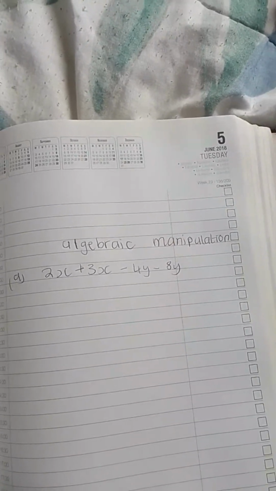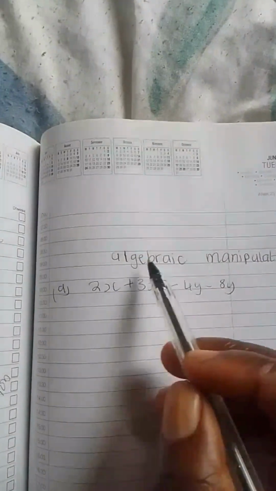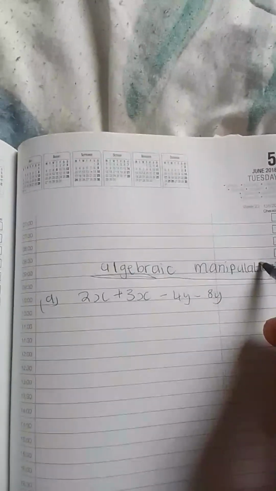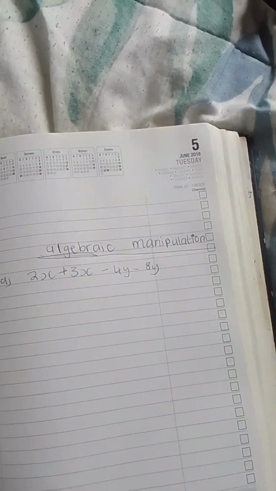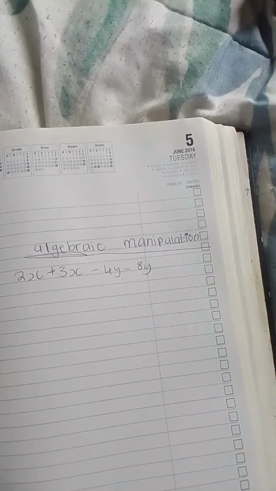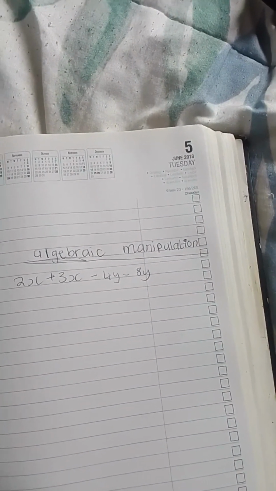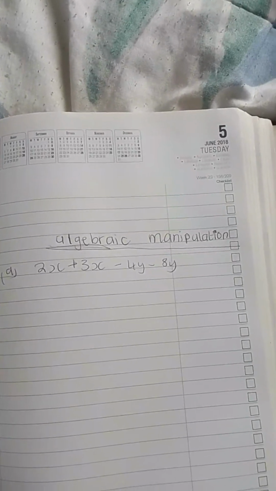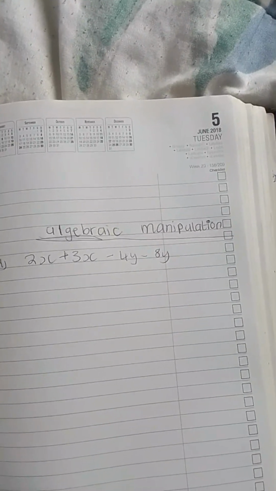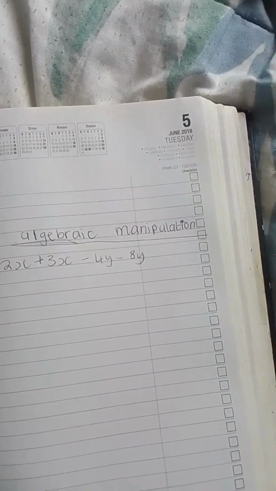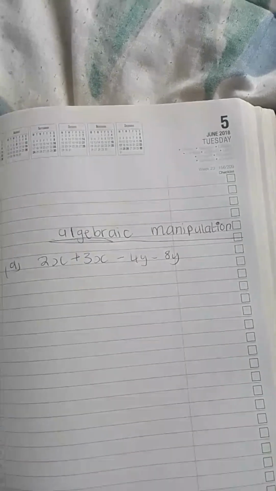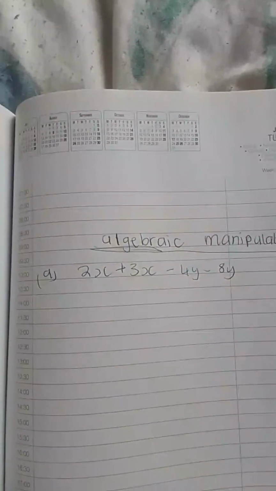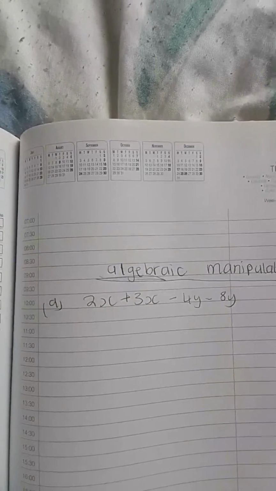Before we proceed, we have to define what algebraic manipulations is. Algebra manipulation is the process of rearranging and substituting variables in an algebraic expression to get it into a desired form.